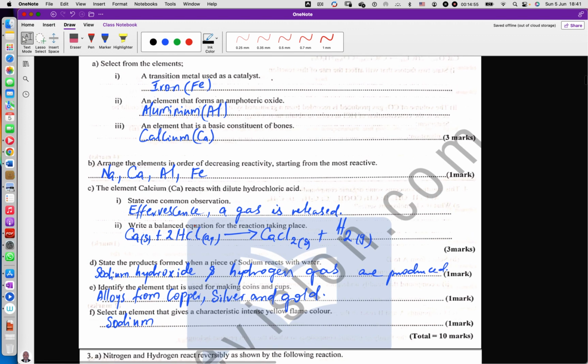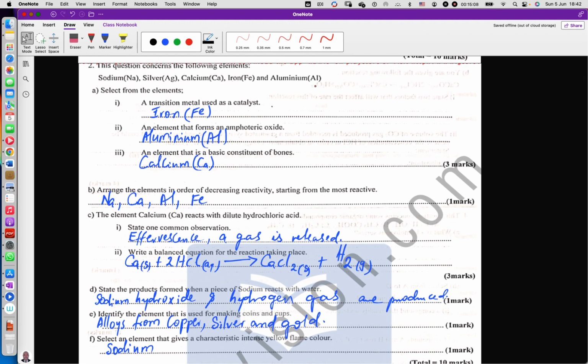Arrange the elements in order of decreasing reactivity, starting from the most reactive.